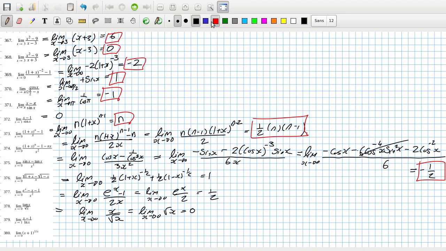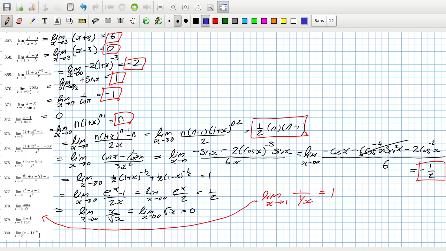And then this one here, log 1 is 0. Okay, so that's limit goes to 1. 1 over x, so that's 1.